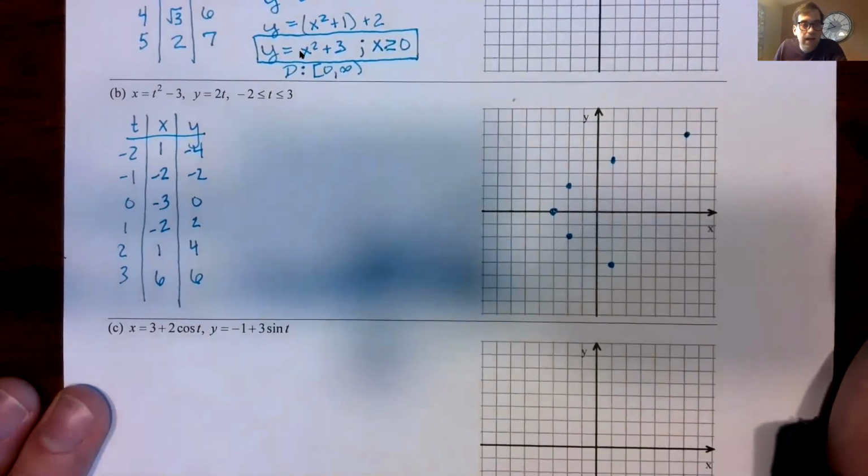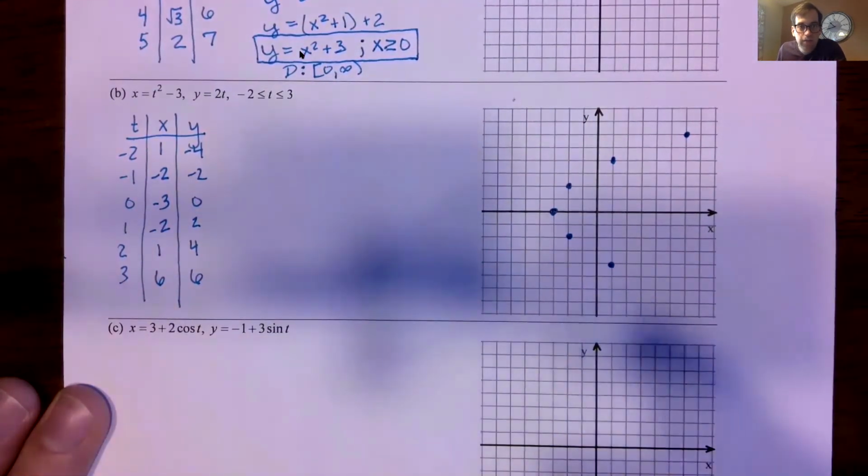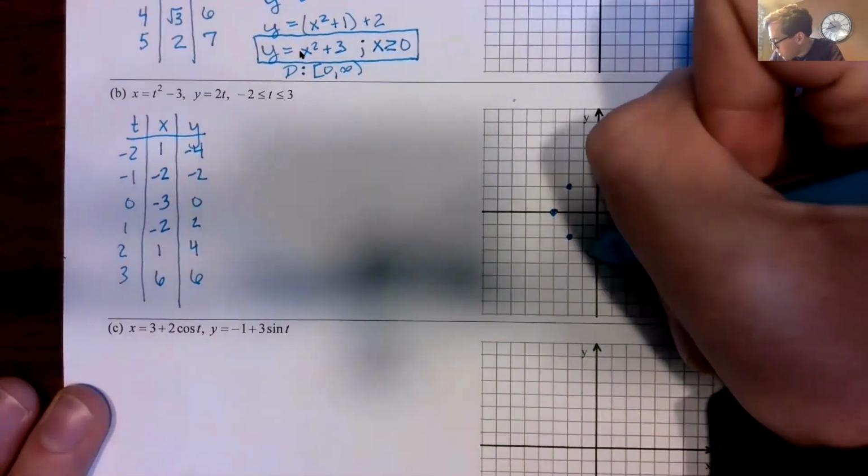All right, and because our t was limited, specifically from -2 to 3, we're not going to extend past these points at all. So it's just going to look like this.